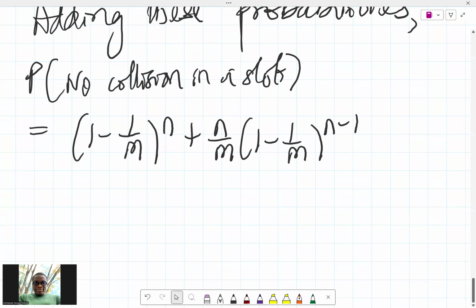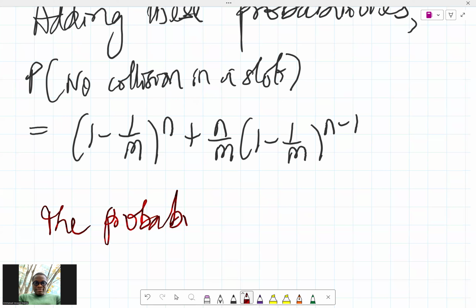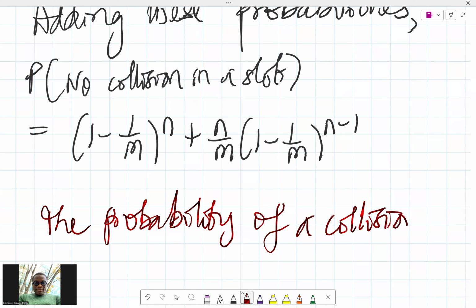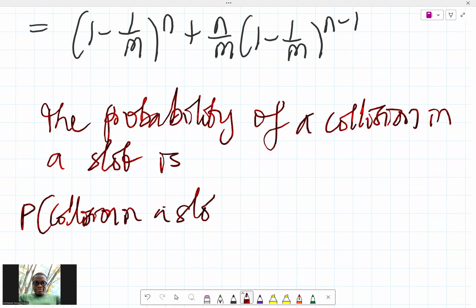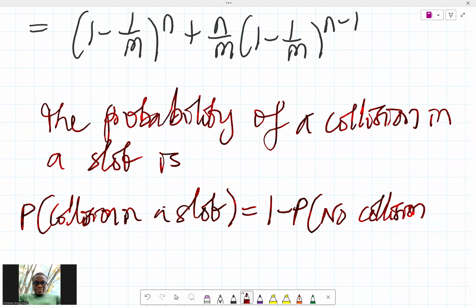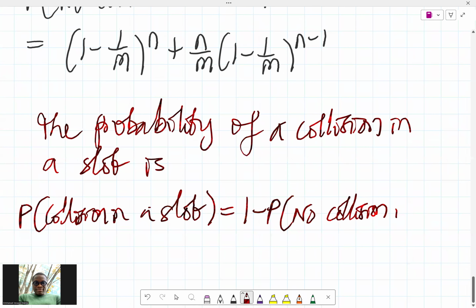Okay, we have that. Because we also know that the probability of a collision in a slot is equal to 1 minus the probability of no collision in a slot.